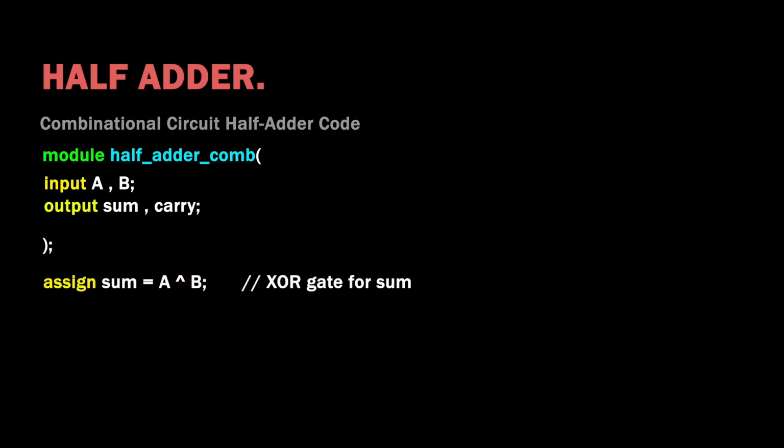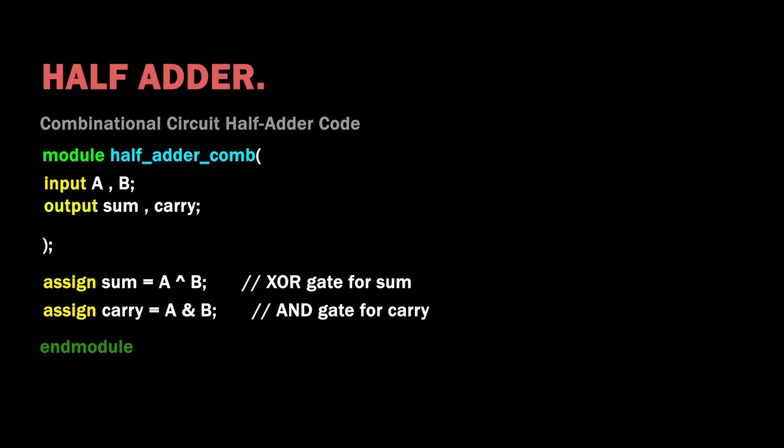In binary addition, the XOR gate gives a 1 if either A or B is 1 but not both. Then we'll calculate the carry using the AND operator. The AND gate produces a 1 only when both A and B are 1. Then we'll complete our syntax with endmodule.